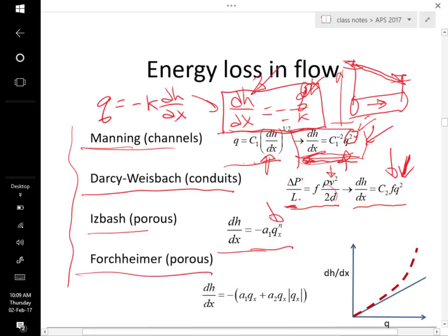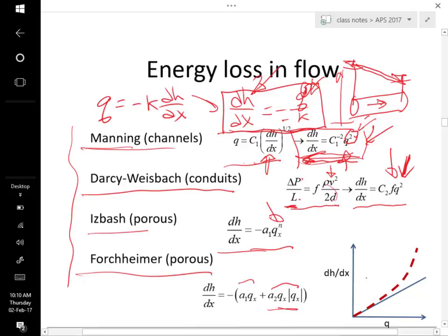The Forchheimer law, this is for porous media, and it says I'm going to have two terms: one that's flow to the first power, and one that's flow to the second power, and I'll characterize my flow that way. This term would do the turbulent component, and this would be the laminar one.